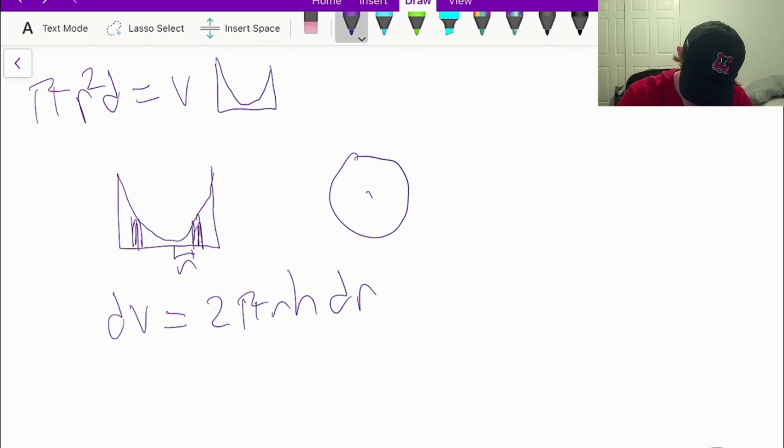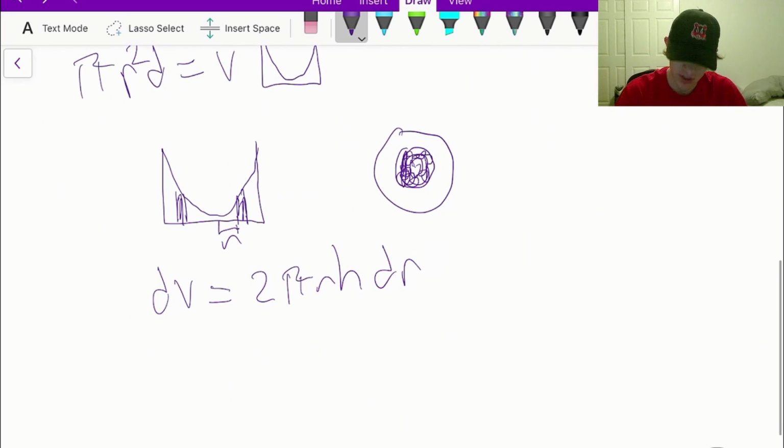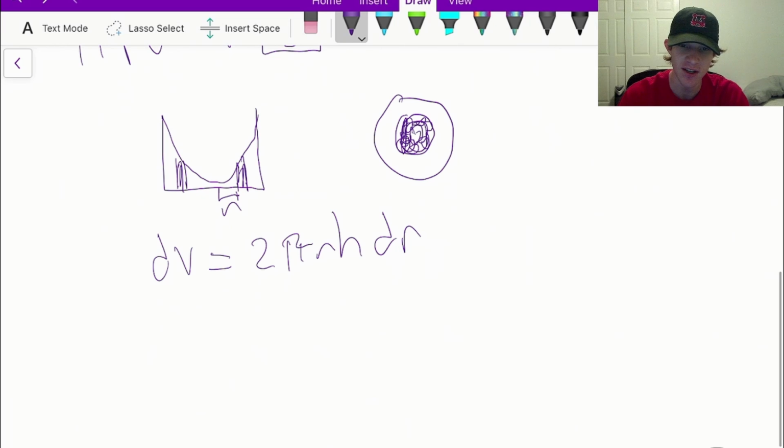So we have it at some r, and these two are the same picture. The left side is the side view, and on the right side is the top view. And to find this, we use this equation right here.